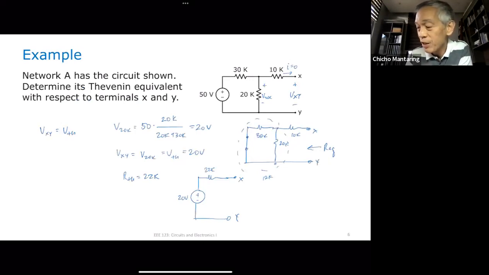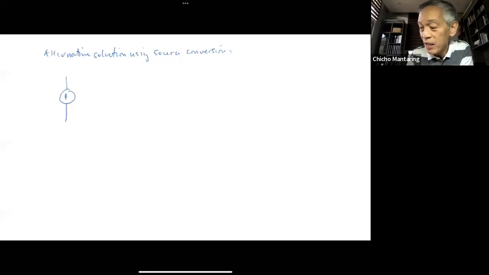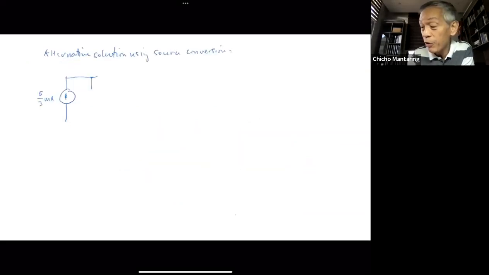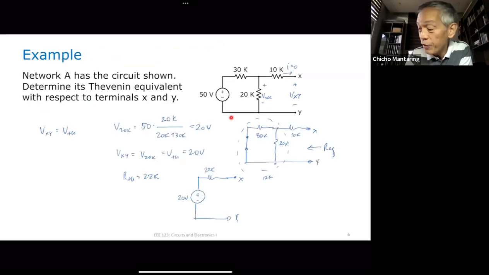So this is going to be 5/3 milliamperes. And then the one in series with it as a voltage source will become parallel to it. So I'm going to have now 30K here. Okay, so that is the equivalent of this.